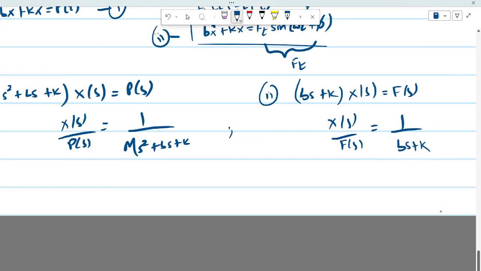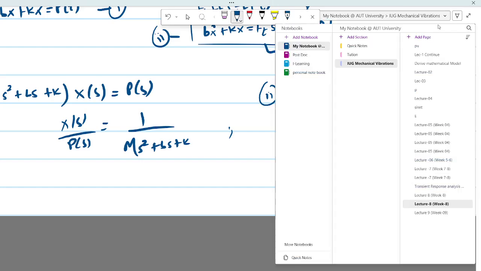Now if we can find the ratio between the transmitted force, that is the output, divided by p of s, the input, all we can do is eliminate the x of s from the system. So let's invert this one and write it as f of s over x of s equals b s plus k. And now we can multiply equation 2 and equation 1.